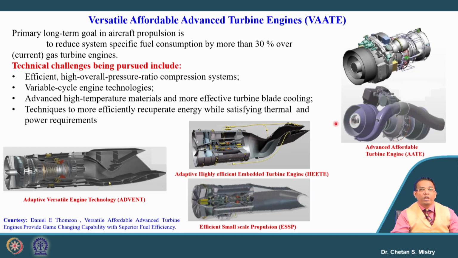The requirement is to improve the specific fuel consumption by 30%. And in order to meet this requirement, there is a need for an overall compression system, variable cycle technology, and advanced high temperature material technology. That is required to meet, say, power as well as thermal energy.